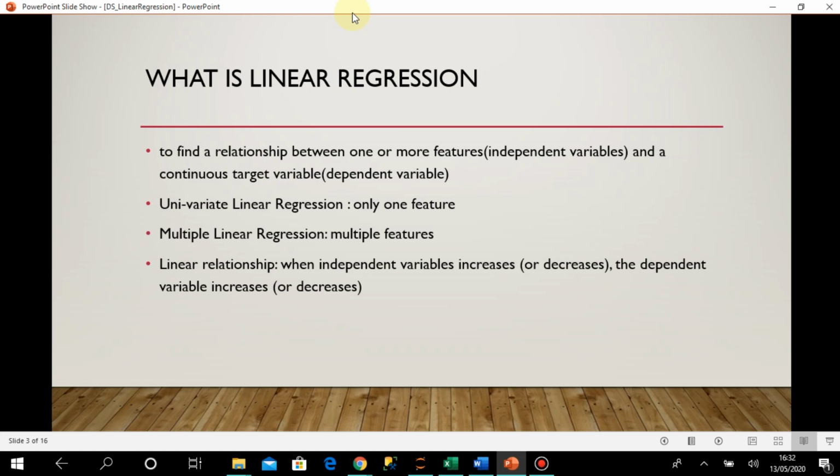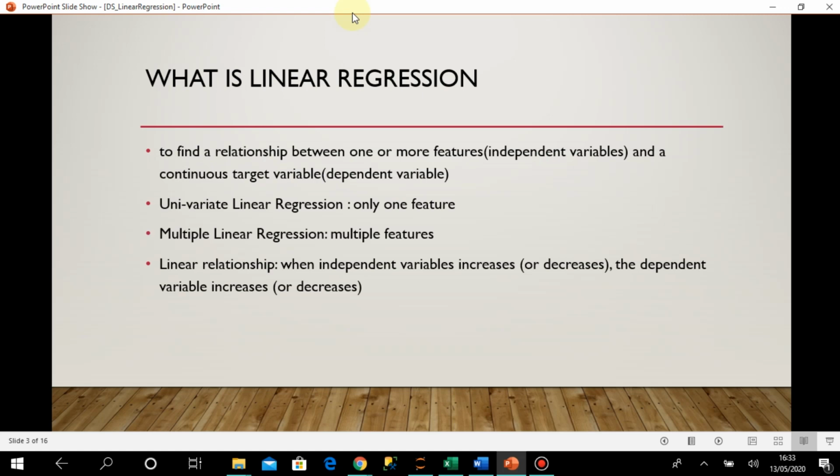When we have the data with different features, first we plot them and try to find some linear relationship between them, and only then can we predict the target value. By linear relationship we mean that when the independent variable is increasing, the dependent variable is also increasing, and when the independent variable is decreasing, the dependent variable is also decreasing.